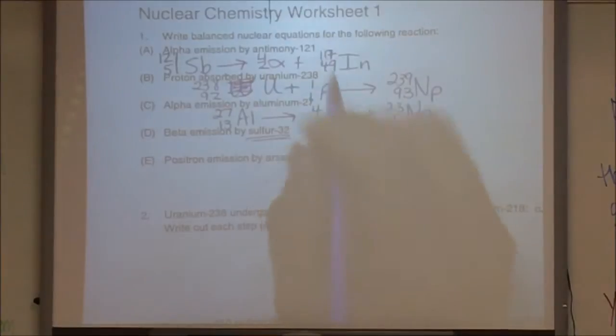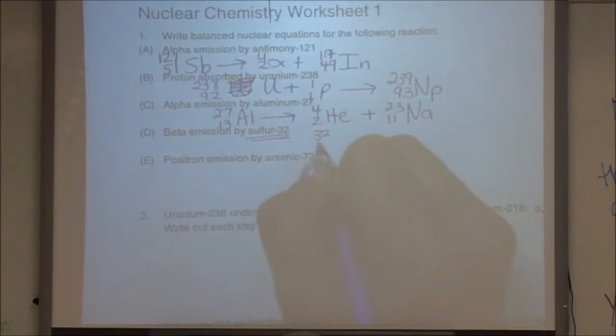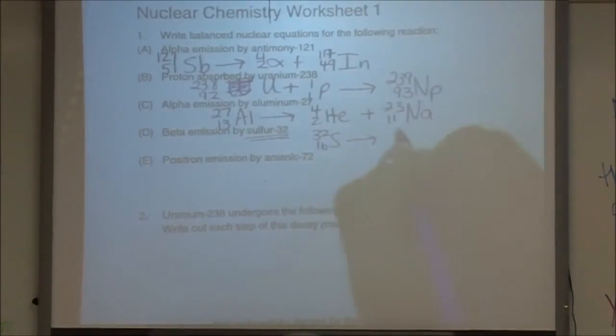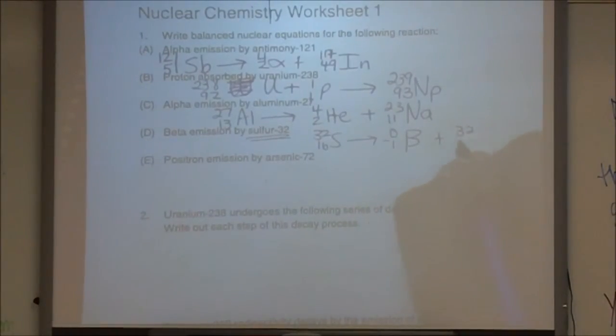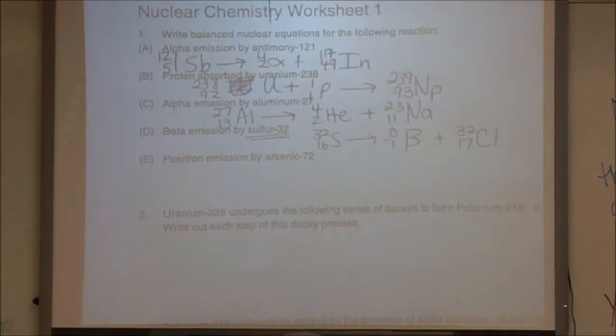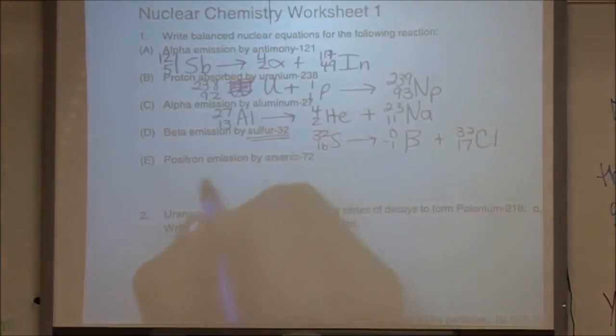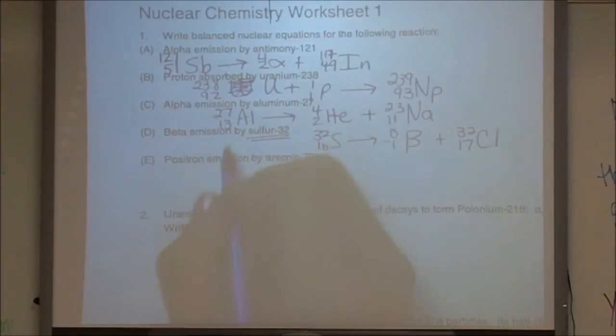Also used in scientific research for plants. Sulfur and phosphorus, lots and lots of use. That's beta emission, and we make 32 over 17 what? Whatever comes after chlorine. Chlorine. Okay. And then positron emission, that was where I lied.